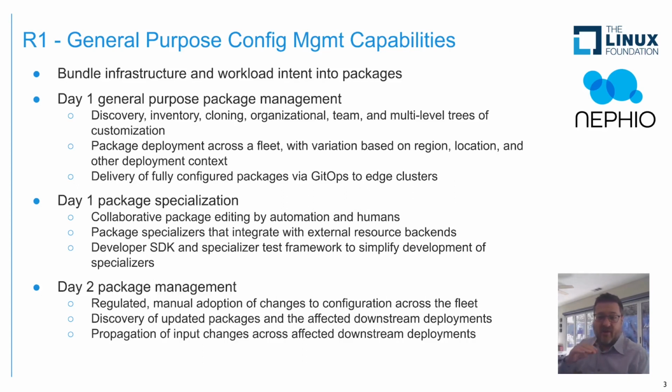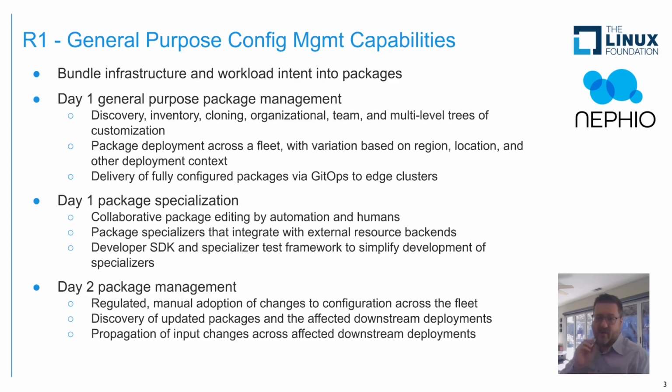Underlying all of those, in order to implement all of those use cases, we had to build a number of general purpose package or configuration management type of functionality. This is really a lot of R1 is focused on this. Nephio is more than this, but a lot of R1 is focused on this. The key concept here is that we take our intention, whether that's infrastructure, like we want to have a cluster here or a cluster there, or that's workload, we want to have this network function running on that cluster, this network function running on a different cluster.